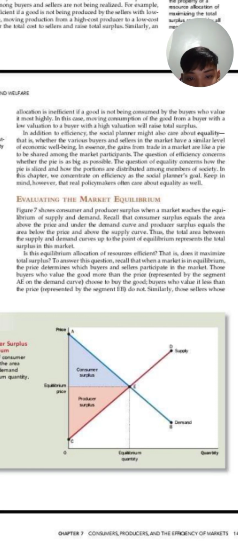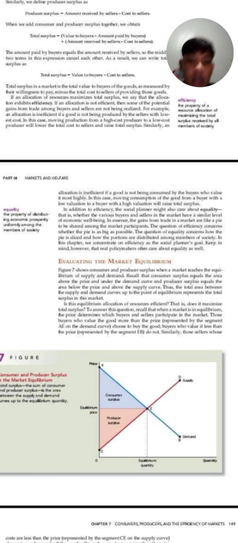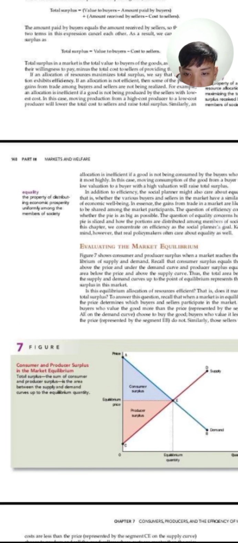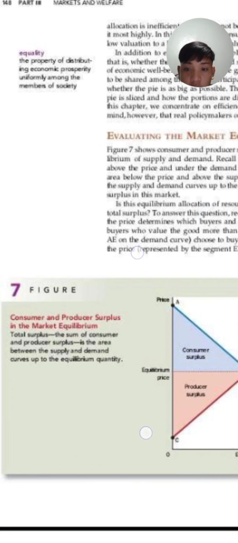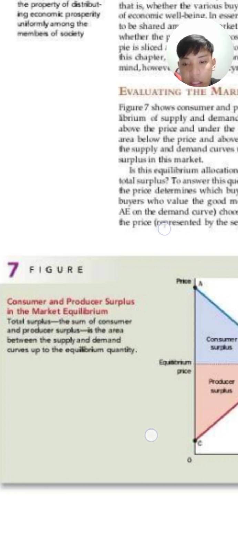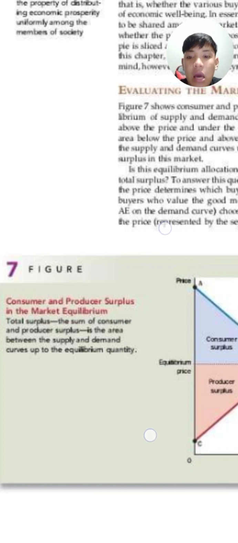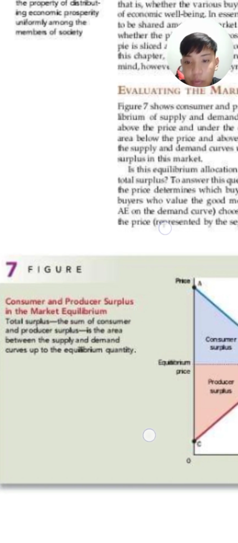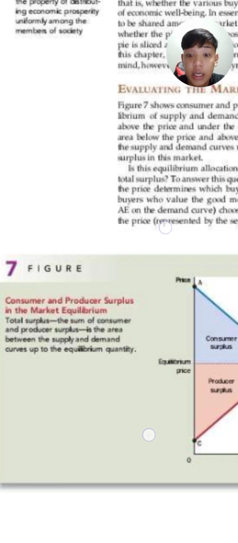Similarly, those sellers whose costs are lower than the price choose to sell. Now the graph on evaluating the market equilibrium: consumer and producer surplus in the market equilibrium. Total surplus, the sum of consumer and producer surplus, is the area between the supply and demand curves up to the equilibrium.